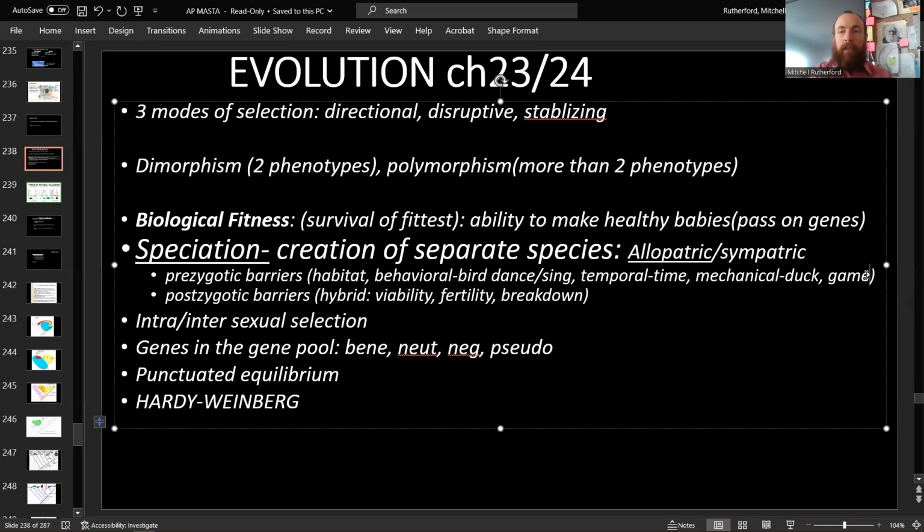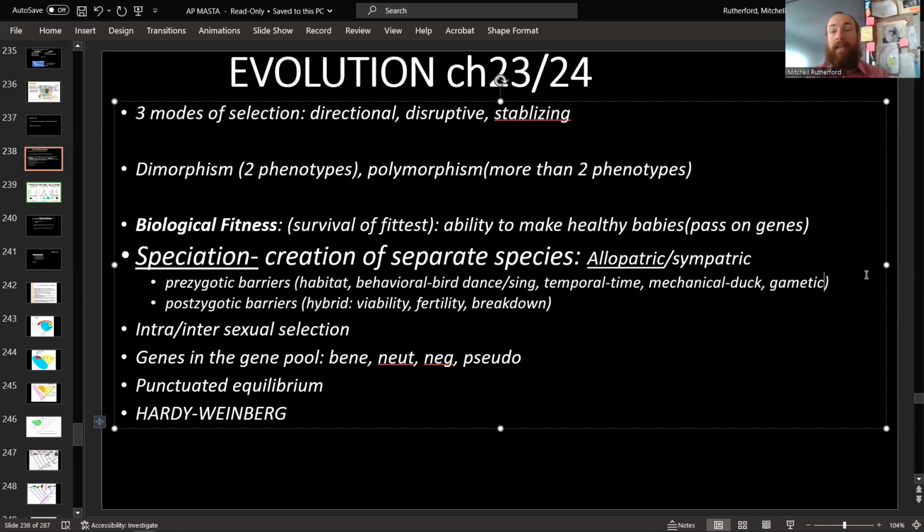And then finally, we have the gametic, where all of these things are in place. They live in the same habitat. They like the song and dance or whatever. They are mating at the same time, and the genitalia fit, but the gametes don't work.